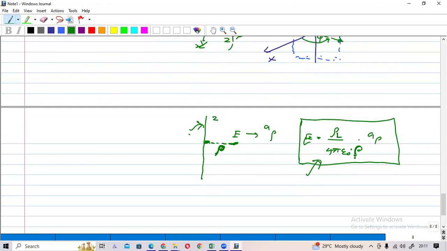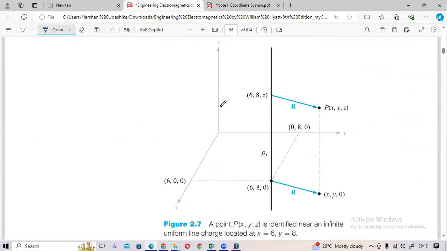This is the charge density, rho L, over 4 pi epsilon rho, A rho. This is in cylindrical coordinates. So this is the distance to the point. This is the radial distance. Normally this is referred to as the radial distance to a point at which we need to calculate the E field. So I will quickly do one question.